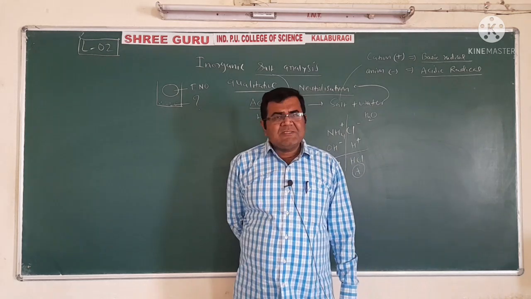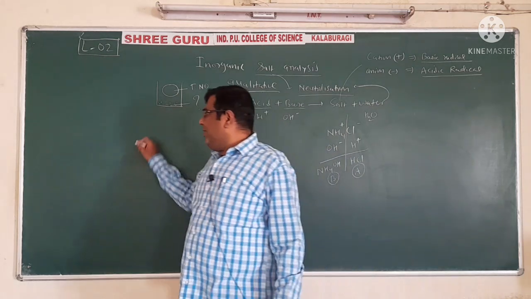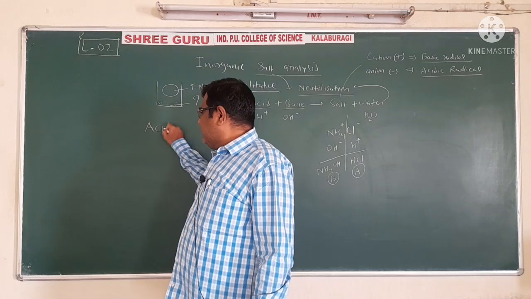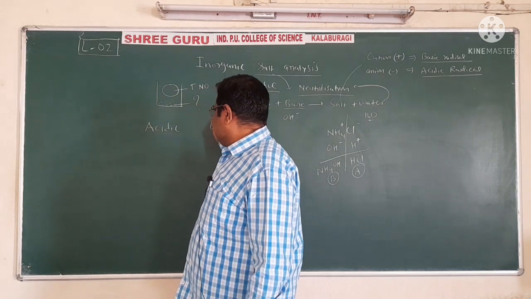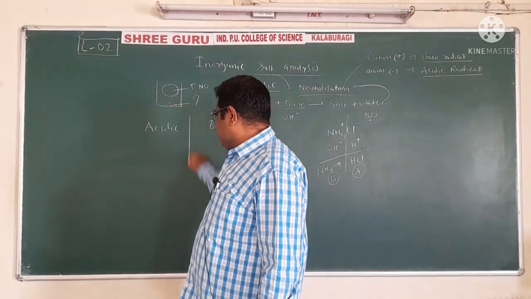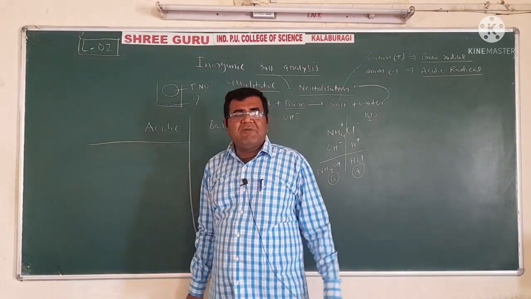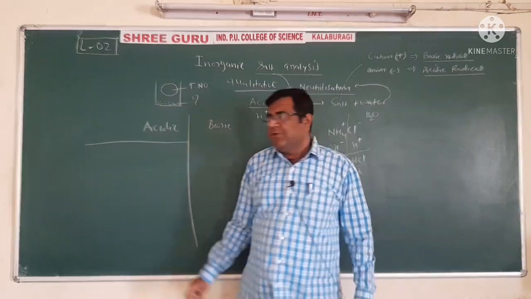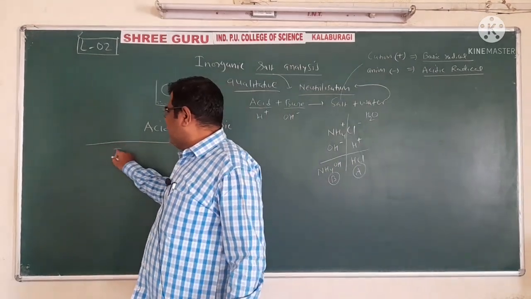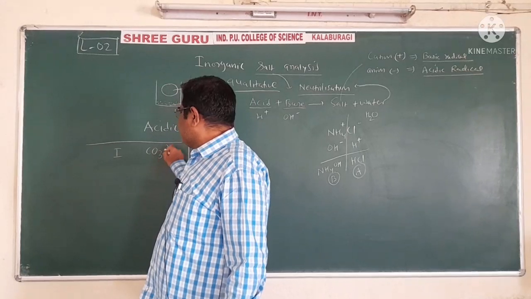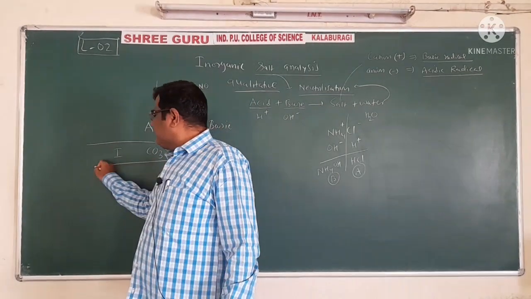In our syllabus, we have a few acidic radicals and a few basic radicals. Which acidic radicals are there in our syllabus? We classify them into various groups. Group number 1 acidic radical, only one in our syllabus, which is carbonate.